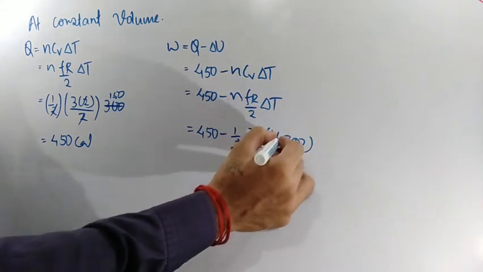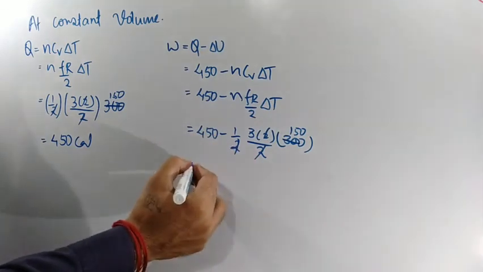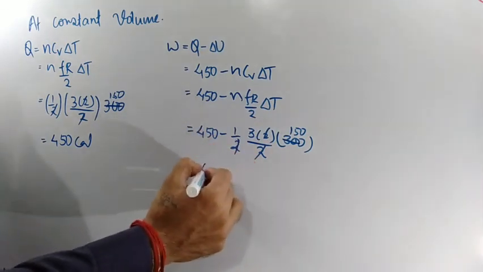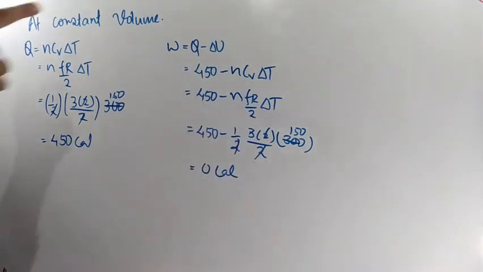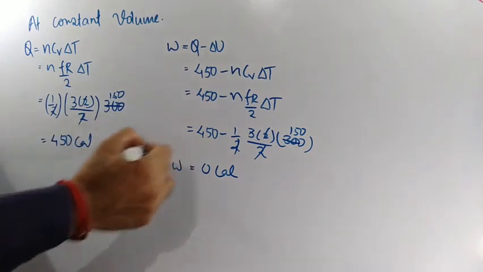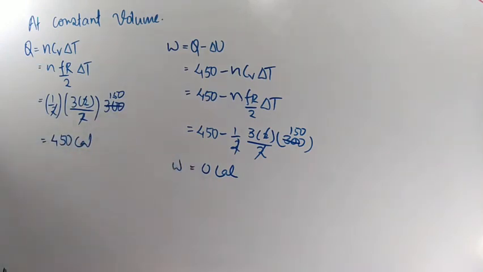So 2 ones are 2, 150 into 3 is 450. 450 minus 450 is 0. Clear? At constant volume, the work done value we got is 0 calorie.